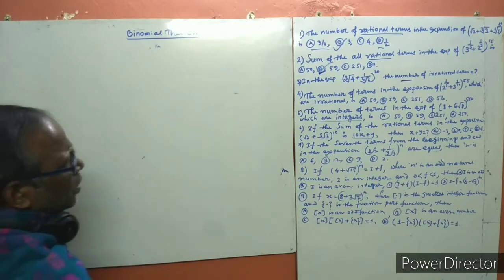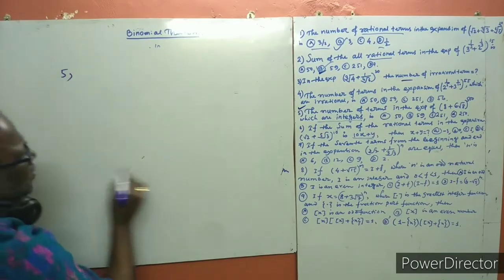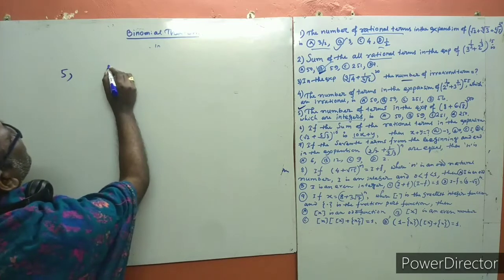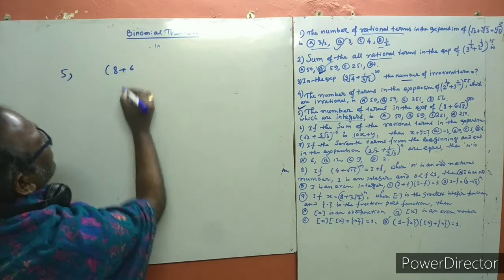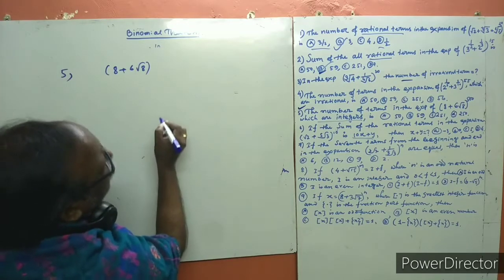Now for question number 5. See here, we have (8 plus 6 root 8) to the power 500.